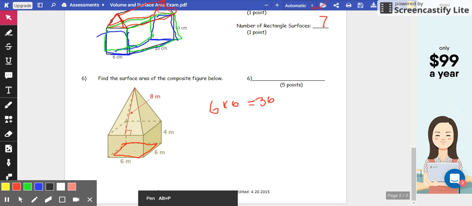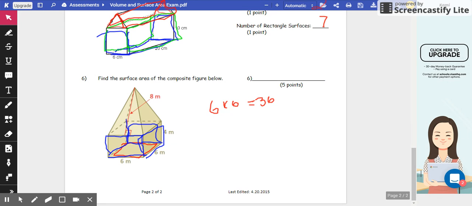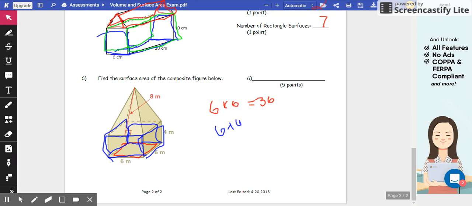So looking at the sides, let's even just focus on this front, it is 6, and then 4 is my height. I have this side over here, which is 6, and 4 is my height. The back side, 6, 4 is my height, and over here, 6, and 4 is my height. So to find the area of those rectangles, it's 6 times 4. We're going to have to finish this up in the next video, which is 24. And then I need to multiply that by the 4 sides that I have.